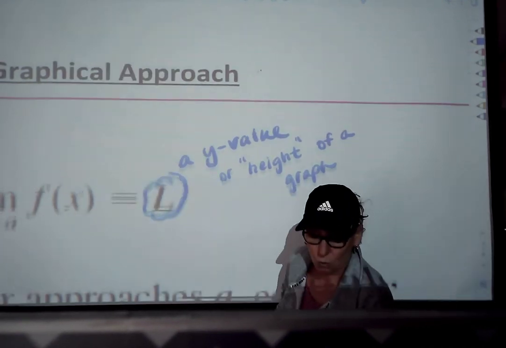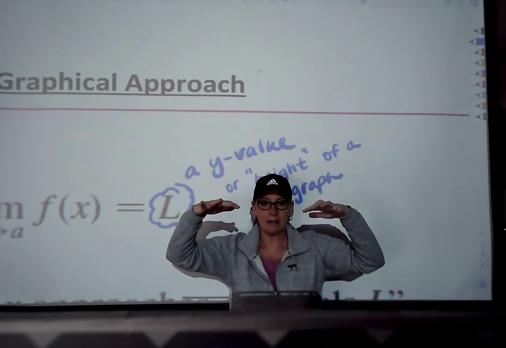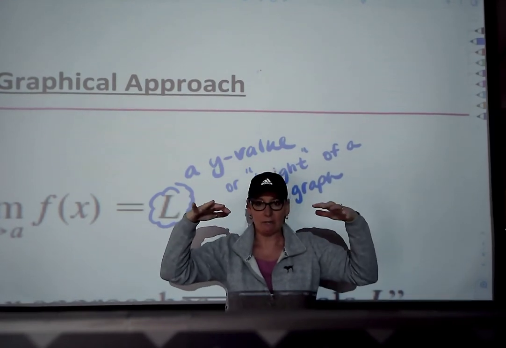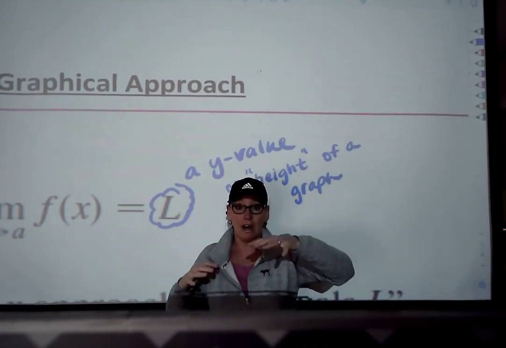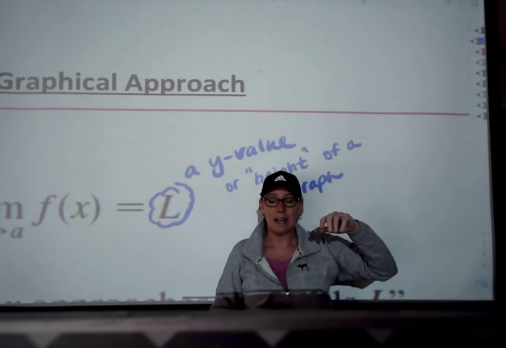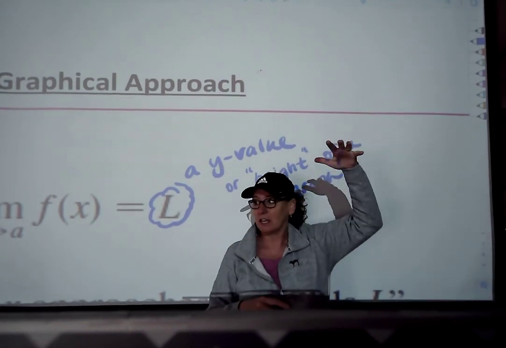Now keep in mind, y values determine the height of your graph. So when you're looking at a graph and your graph gets really high, we can say, oh, those y values are getting really high.